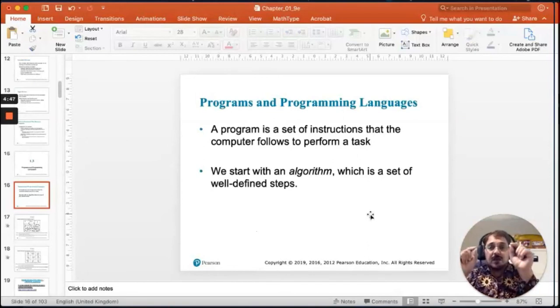For example, if we write this instruction to get a value from the user and store it in A, then get another value from the user and store it in B, and then add A and B together and store the summation, the addition, in C, and then display C. So this step by step instruction, if you write it in a computer programming language, is called a program.